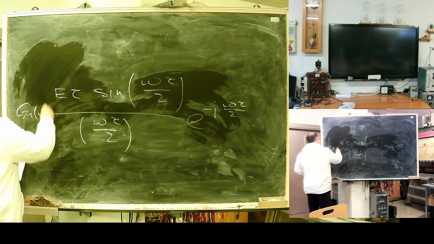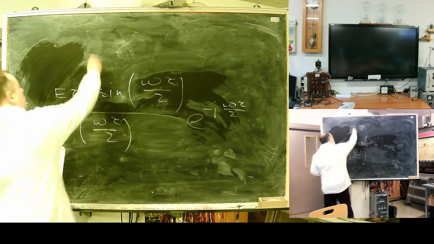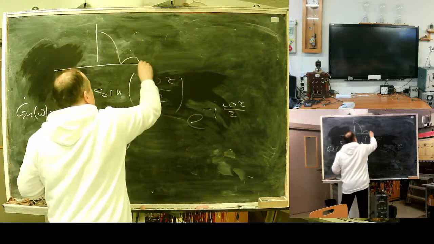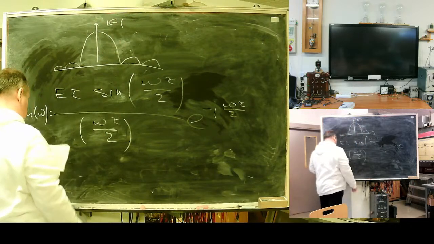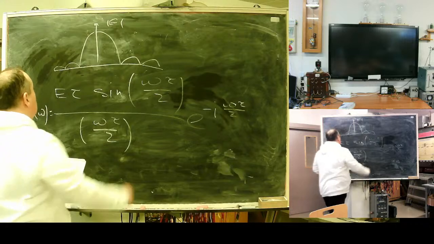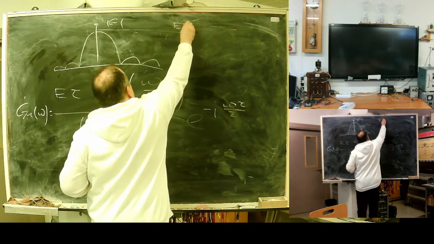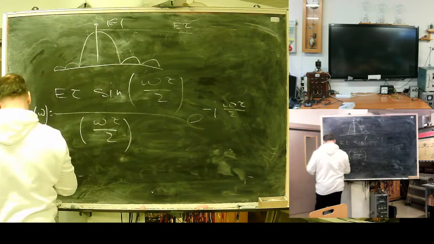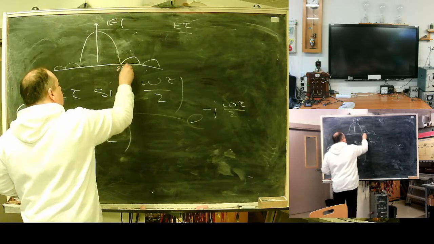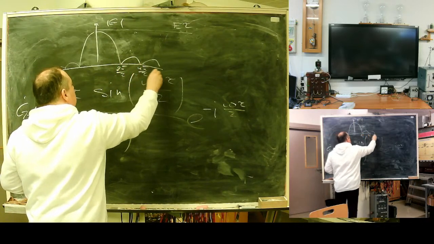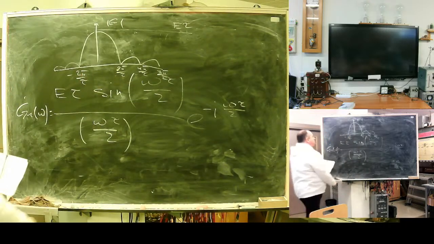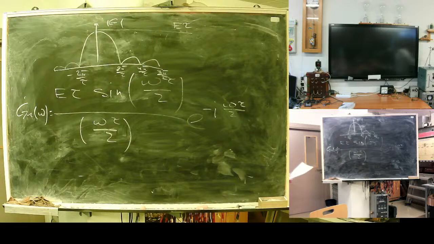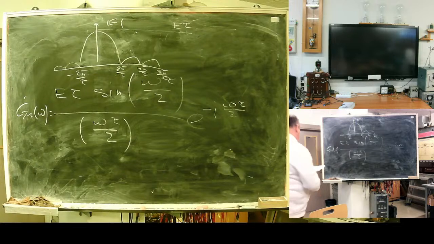It looks like this, the absolute value of the spectral function. This top is E tau, and double pi divided by tau, 4 pi divided by tau, 8 pi divided by tau, minus double pi divided by tau, like this. One day you will remember this spectral function.